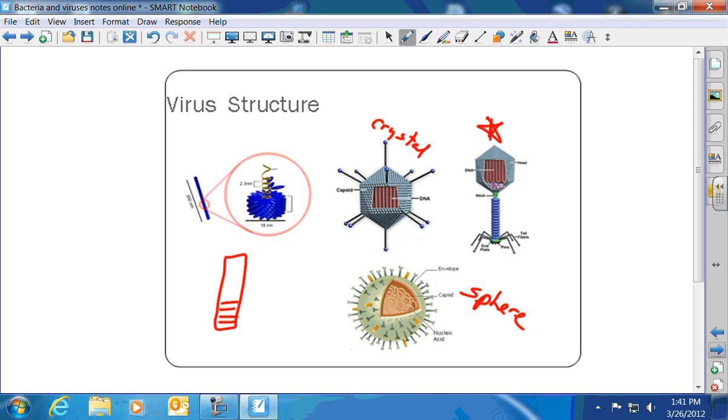It's kind of got some lines on it. It would cause the tobacco mosaic virus, so we would call that the cylinder shape. Okay, and then we have our spheres, which may cause the flu or HIV. And we've got my favorite one, because it's so funny looking, a bacteriophage. And they only attack bacteria.